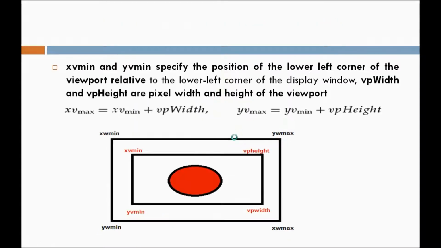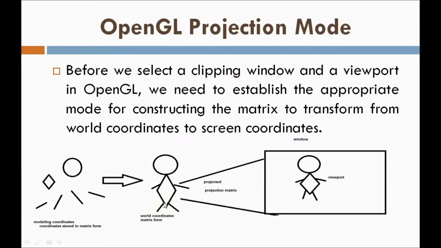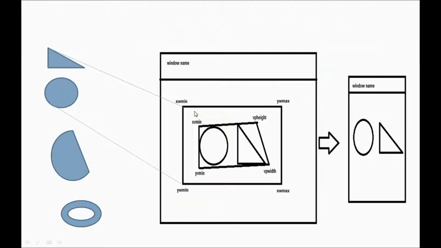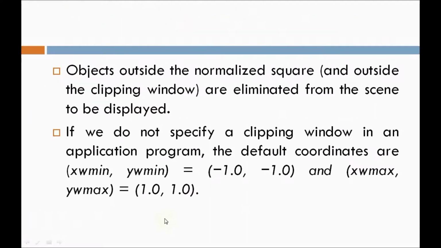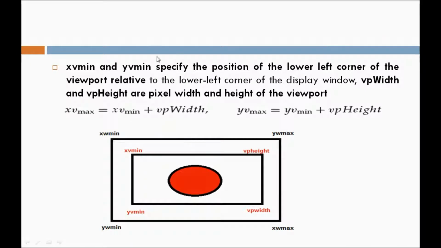See here, this is the lower left corner of the window and this is the lower left corner of the viewport. So XV min and YV min specify these lower left corners.